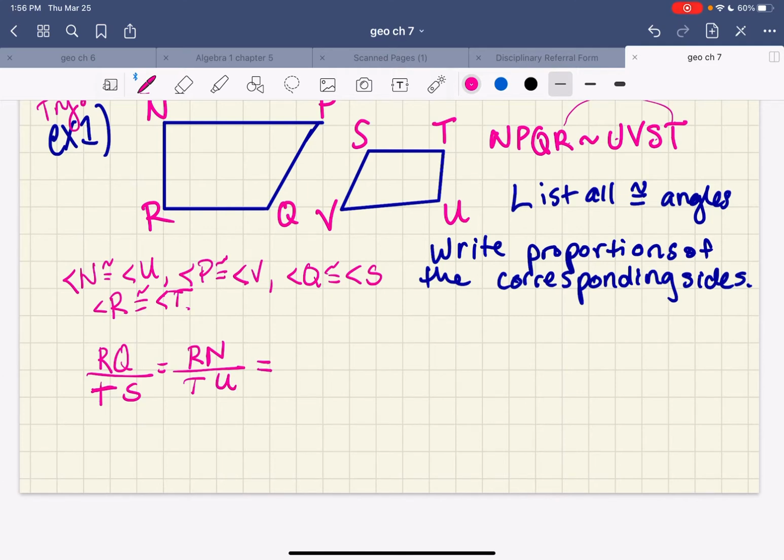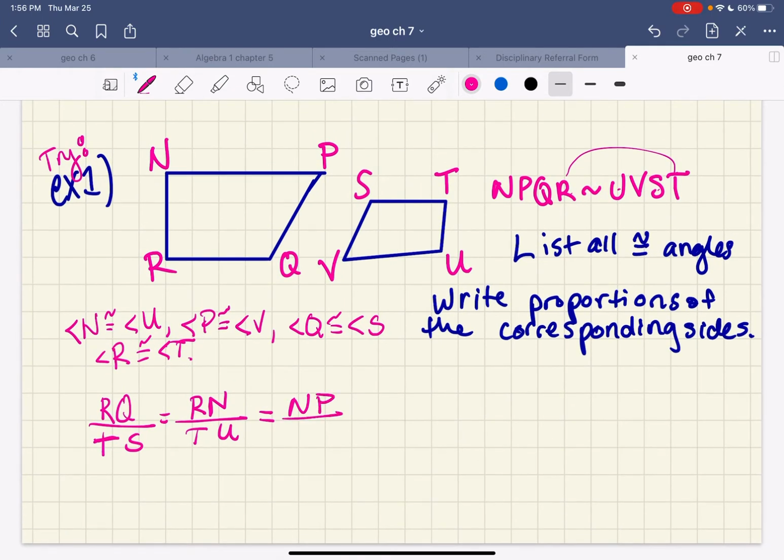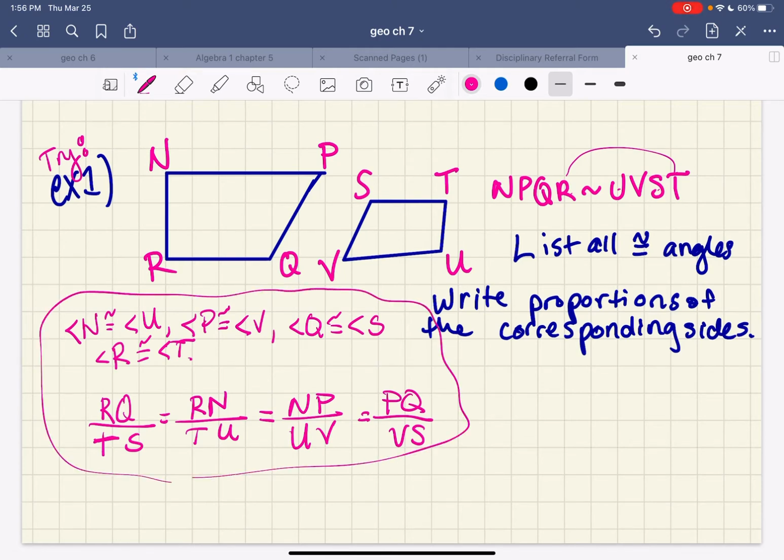And then we have NP over UV, PQ over VS. Okay, so the proportions, the ratios of those need to be proportional. That's actually all for this problem. So we call it good, all right?